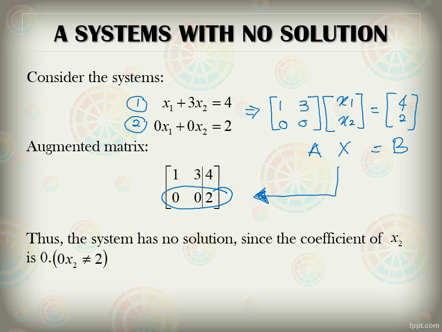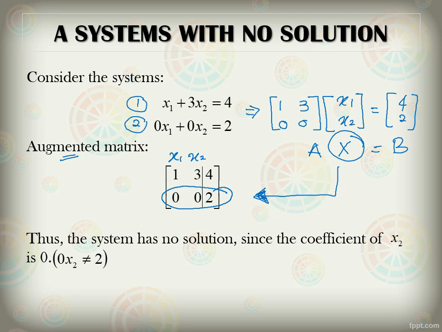Alright, so you might be wondering, when you transform your matrix into augmented form, where are the x1 and x2? x1 and x2 are located in here. This is where x1 and x2 are when we write the matrix in the augmented form.